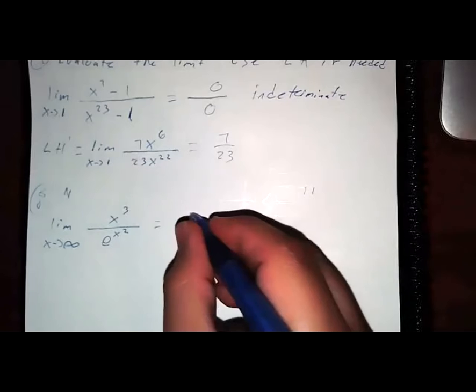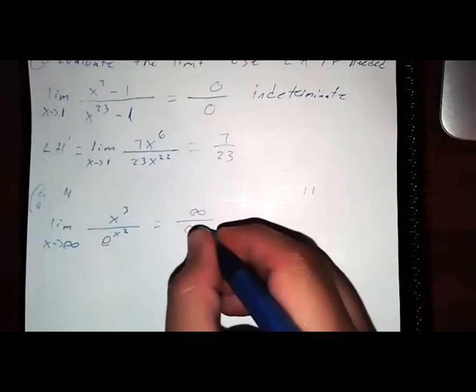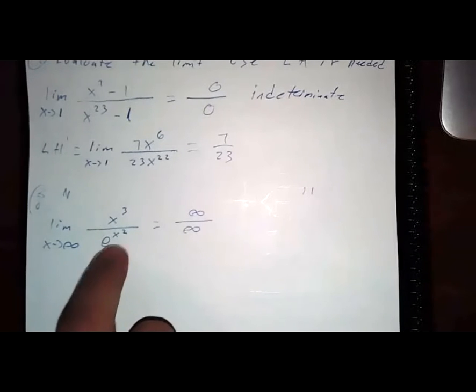Do you agree that this is an indeterminate form of infinity over infinity? Yes. It looks like the bottom should grow faster. The answer should be 0 just by looking at this, since the exponential rate is really fast.